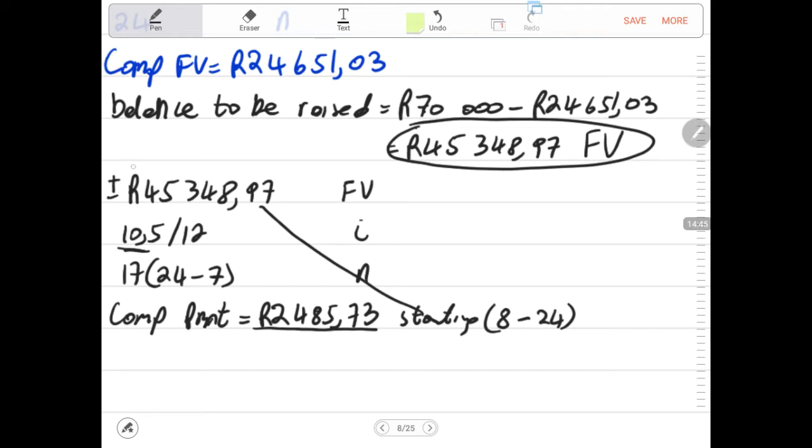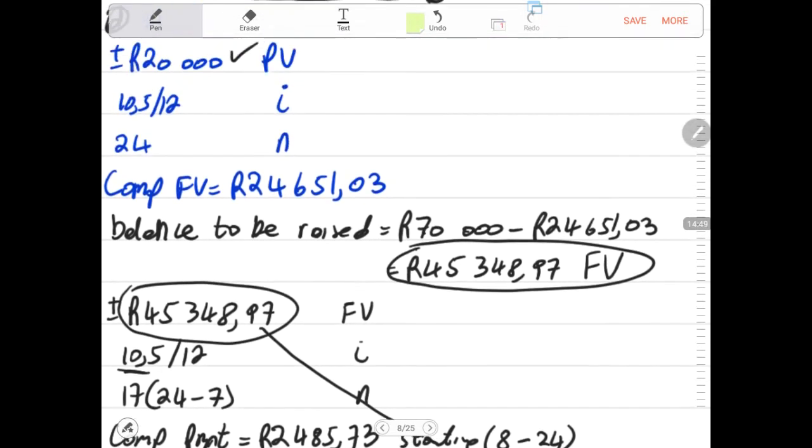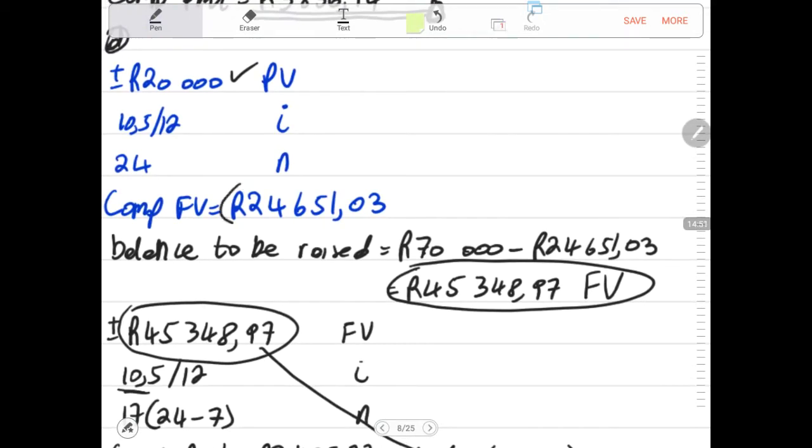Therefore, the minute we have this amount, remember that already in our bank account we have 24,651.03, which was accumulated from the 20,000 that we invested as the initial deposit.